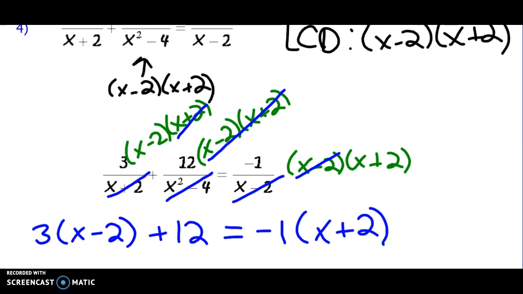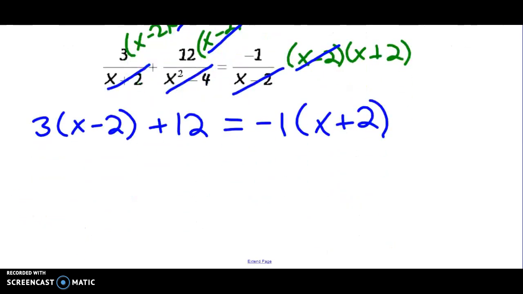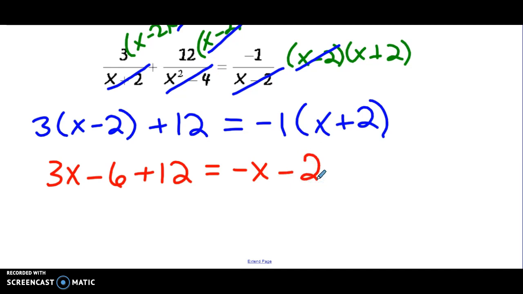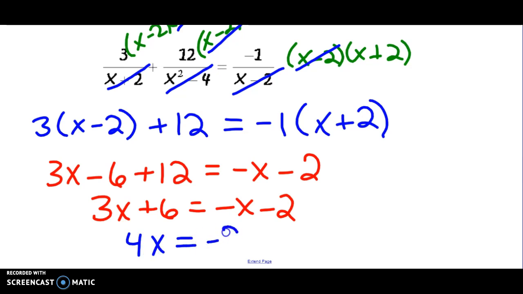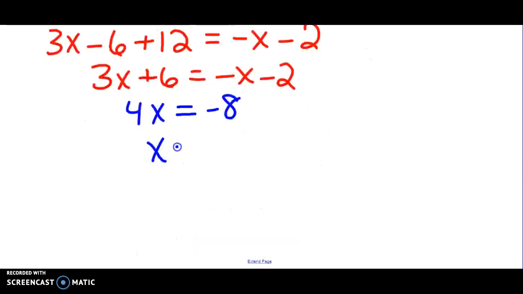So if we distribute, we get 3x minus 6 plus 12 equals -x minus 2. And if we combine like terms, we have 3x plus 6 equals -x minus 2. So 4x equals -8 and x equals -2.